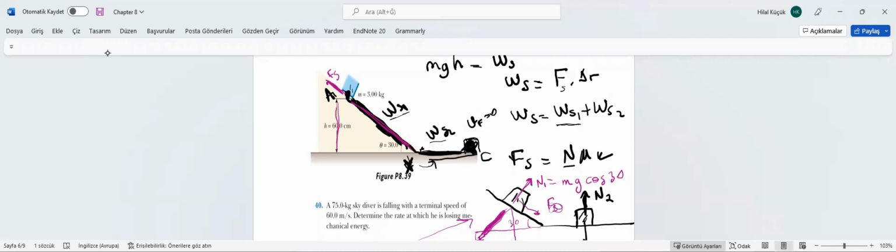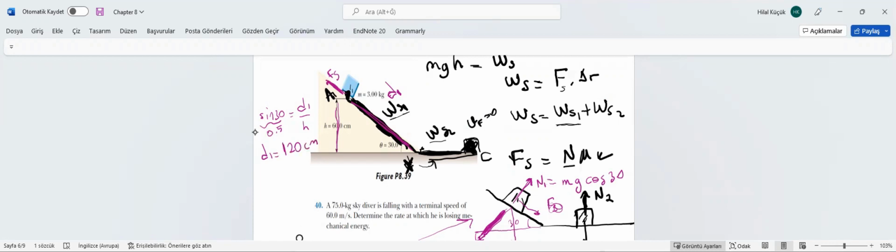Say this part is D1. How can I find D1? Sin 30 will be D1 over H, is it? I know H, which is 60. Can I find D1? Sin 30 is 0.5. So D1 will be 120 centimeter.